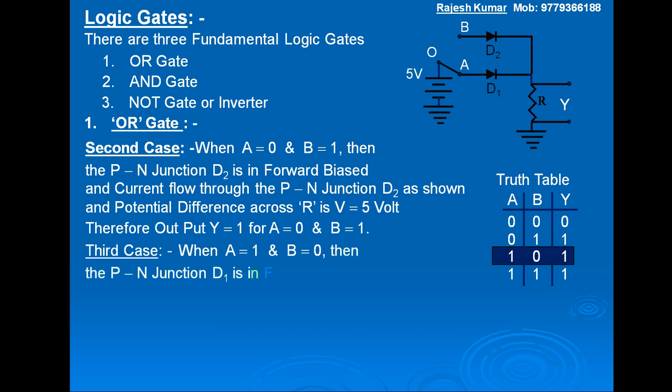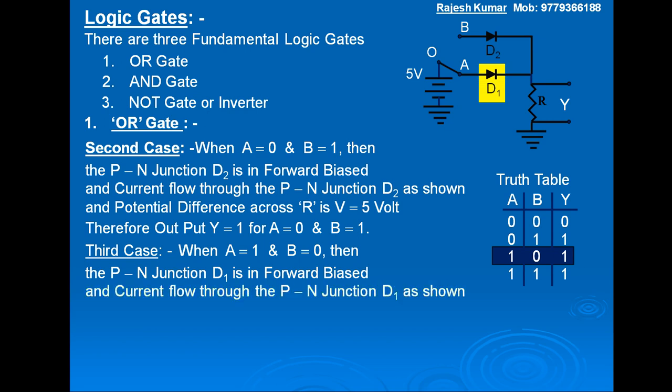Then the PN junction D1 is in forward bias, and current flows through the PN junction D1 as shown. Current is flowing from point O to A, then through the resistance to earth.